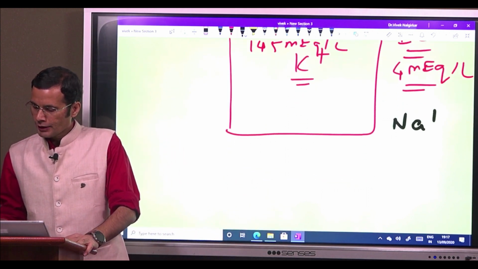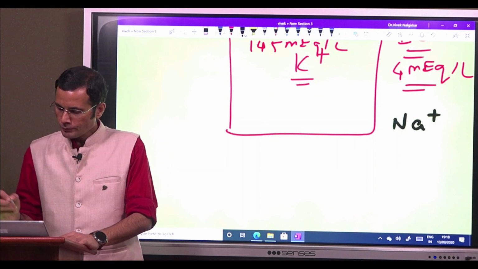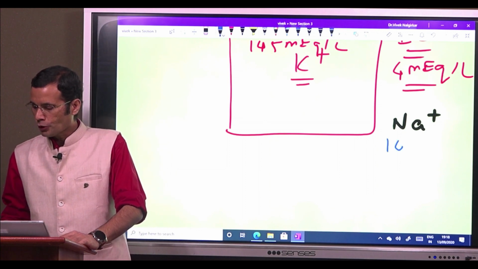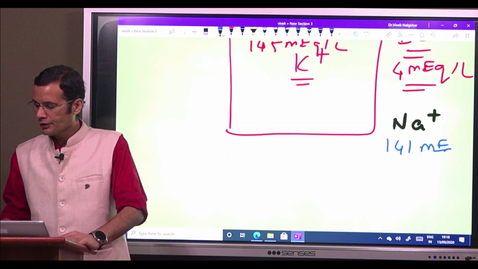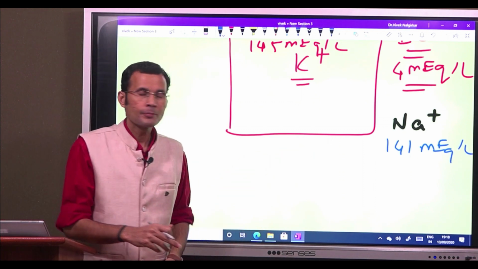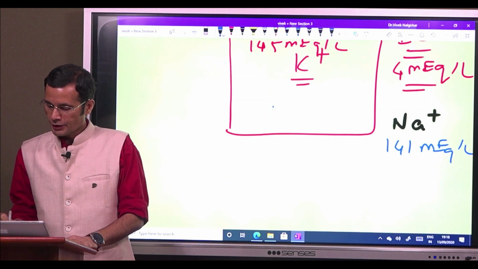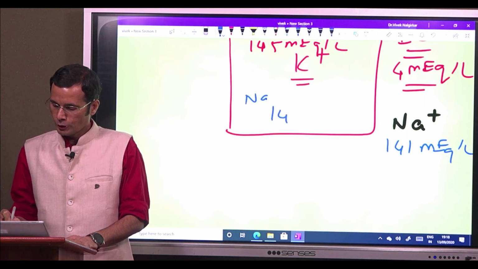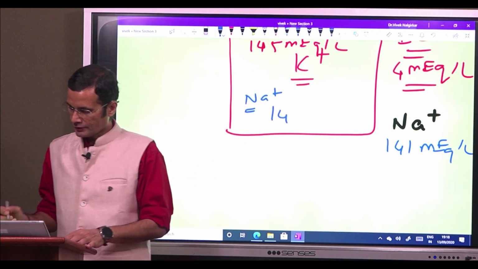Let's also see the sodium. Sodium has a high concentration in the ECF, in the plasma, and relatively low inside the cells.